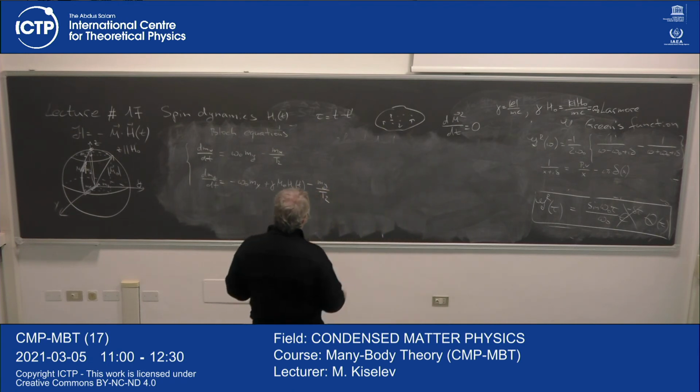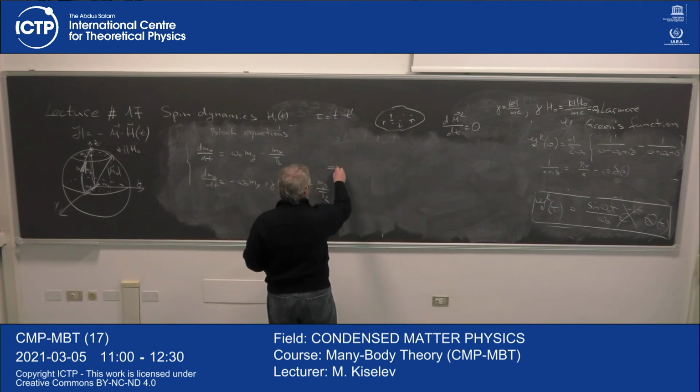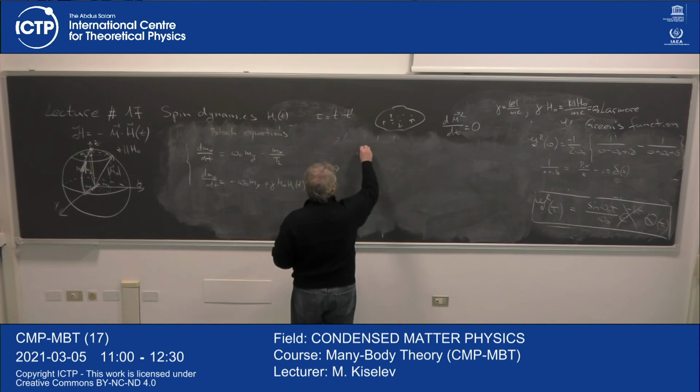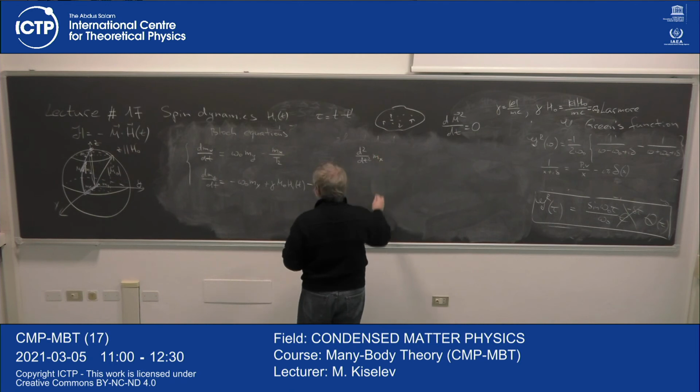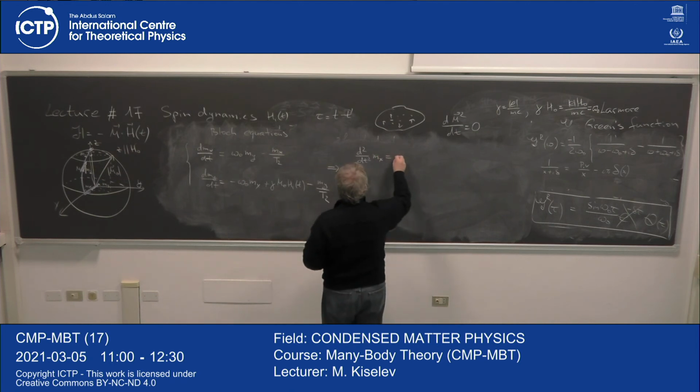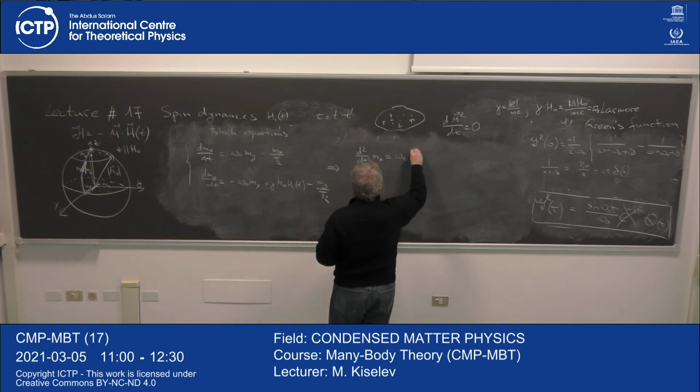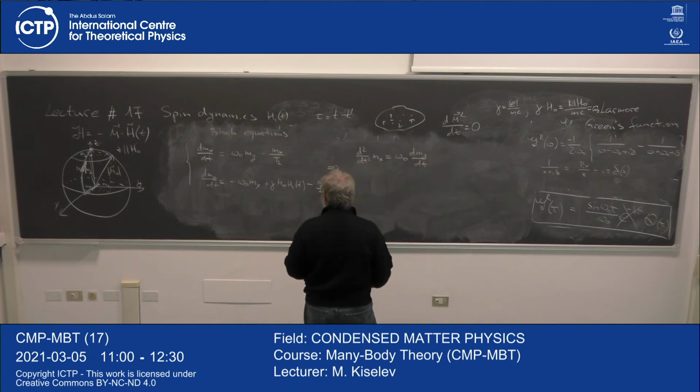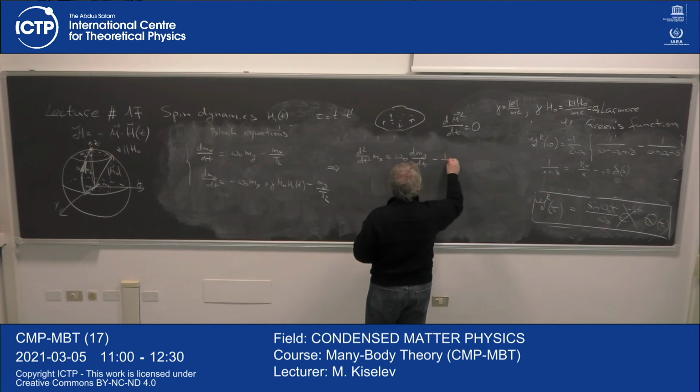So these are both equations, the transverse part of it. So I do the very same trick. I will take d2 over dt squared of mx. It is equal to omega naught dmy over dt minus 1 over T2 dmx over dt.